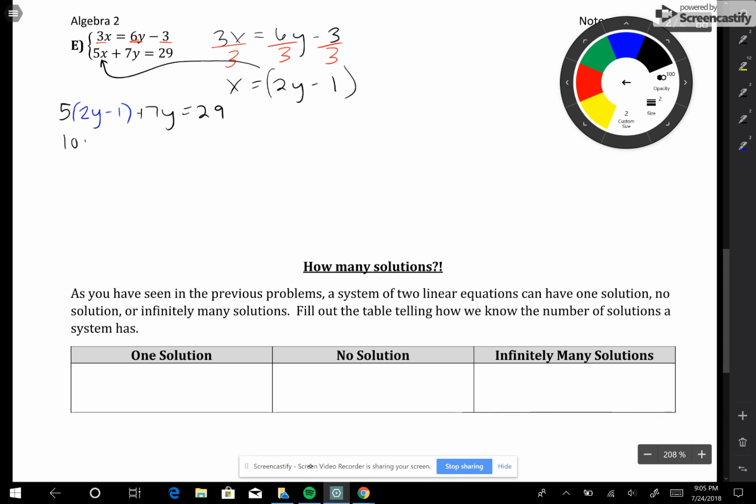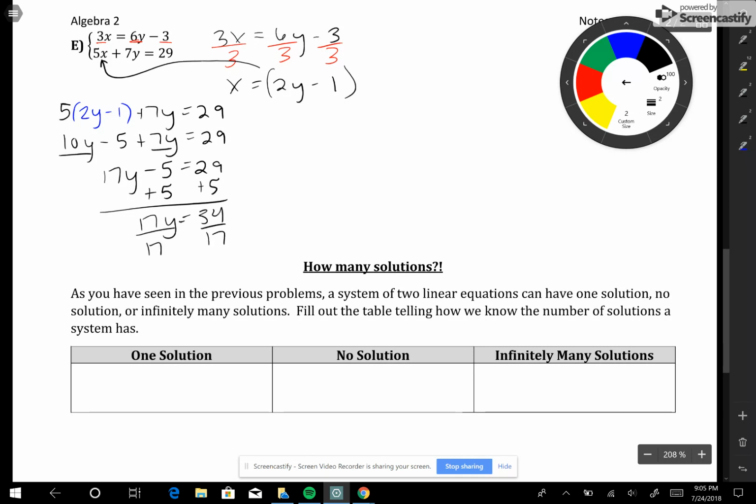Distribute my 5, 10y minus 5 plus 7y equals 29. I've got 10y plus 7y, that's 17y minus 5 equals 29. Add 5 to both sides, 17y equals 34, and divide by 17. 17 is half of 34, so y equals 2.